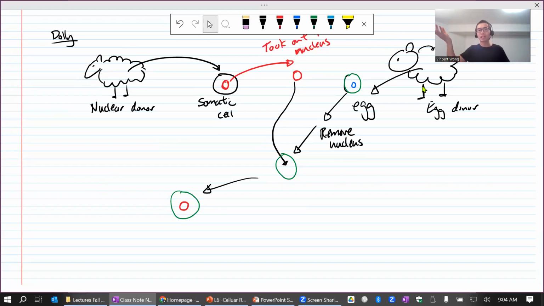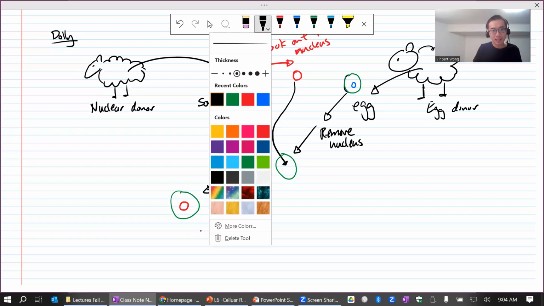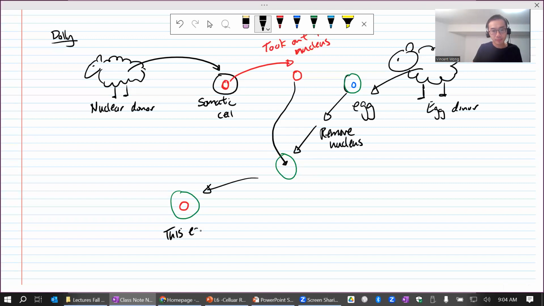Egg contains 23 and sperm contains 23. That's why 23 plus 23 gives you the 46 for the next generation. So here, you remove the egg's nucleus, but then you replace it with a full nucleus. So this egg right now is the equivalent of a fertilized egg. It's as if a sperm came and provided the other half of the genetic material. So now this egg has the full set of chromosomes.